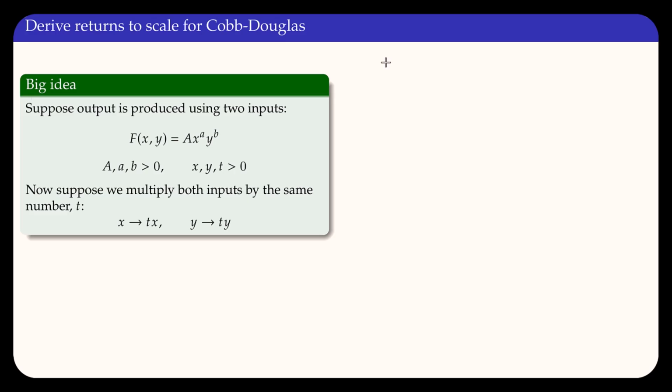If we do that, we're going to get f(tx, ty) equal to A times tx raised to the power of a times ty raised to the power of b. And since I showed you the algebra just a moment ago, we can do this part a little more quickly.